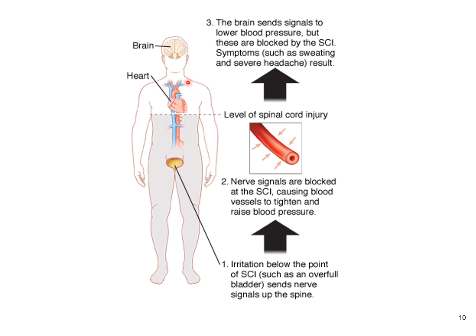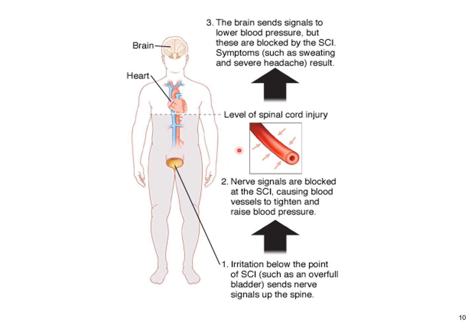Maybe if we lower the blood pressure, we can actually correct the situation down there. So you're going to see that in the upper part, you're going to have some sweating, you're going to have severe headache, you're going to have lower blood pressure. But because of that break in communication between the upper and the lower part of the body, the brain is not going to be able to correct what is going on there.